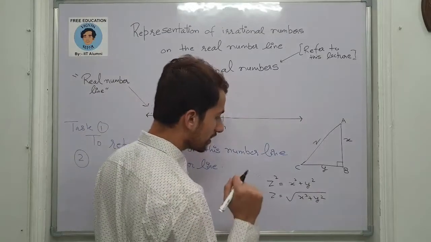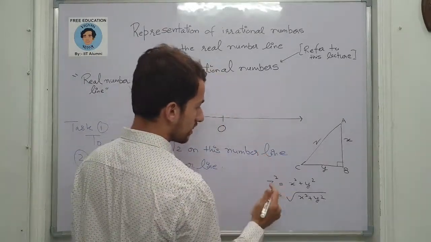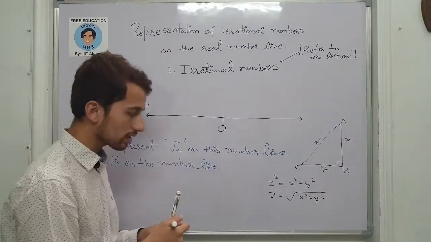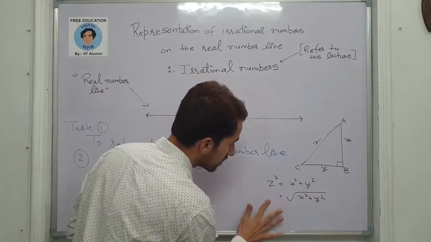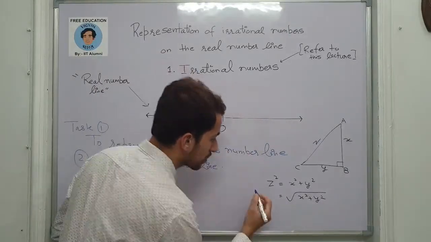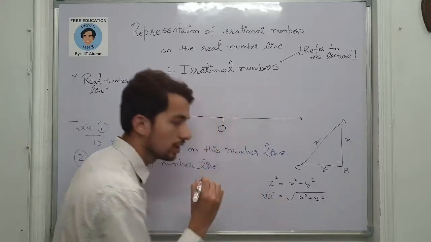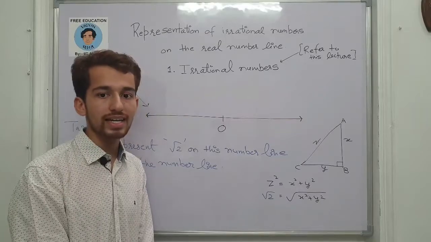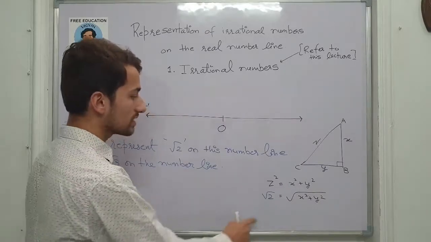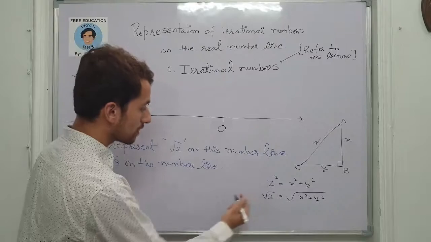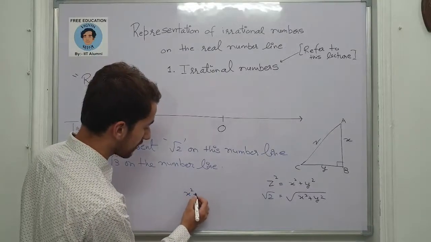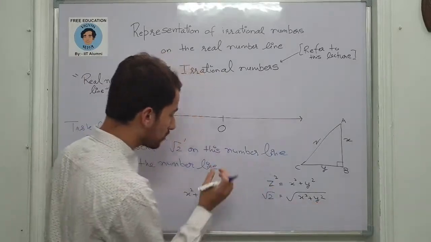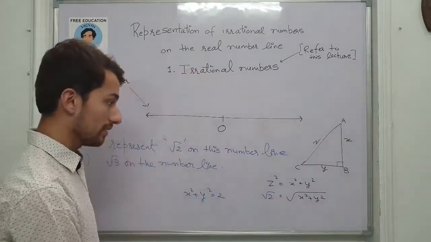Now, in our case, what I want is to represent root 2 on the number line. So this expression should equal root 2. What are the possible choices of x and y in order to represent root 2? So the problem reduces to finding x and y such that this expression equals root 2.